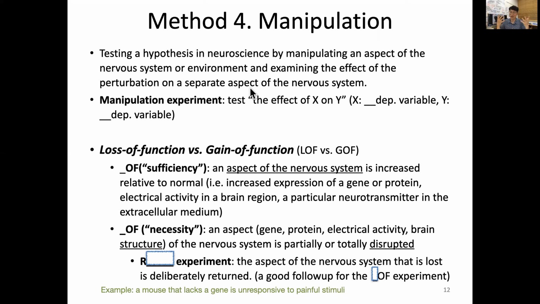Similarly in neuroscience, in the nervous system, we want to disturb or manipulate one variable, which we call an independent variable, and we observe the output, such as action potential difference, or maybe gene expression difference, as an output or dependent variable.